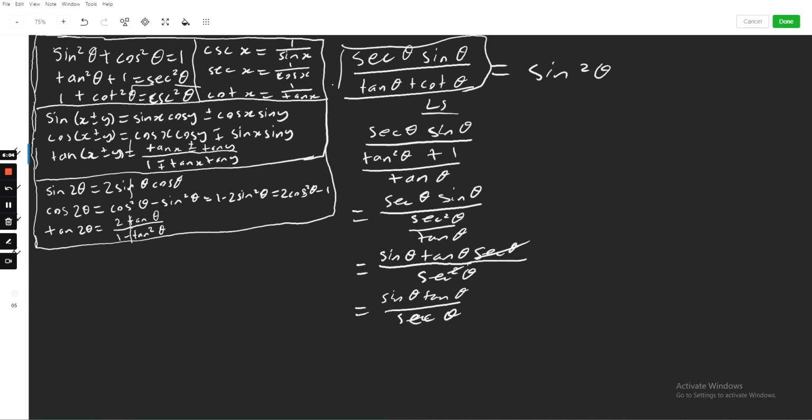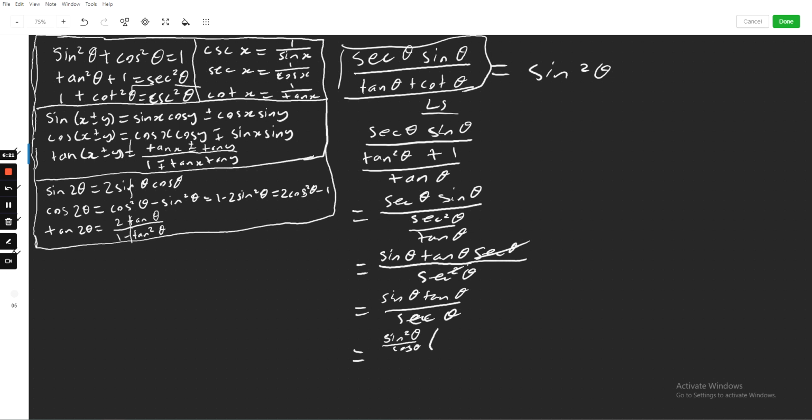Let's see, when we look at this, what could we do in order to make it equal to sine squared theta? Well, we could make tangent into sine theta over cosine theta, so sine squared theta over cosine theta.